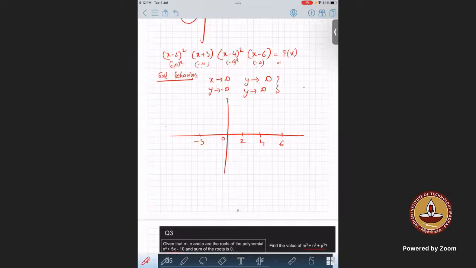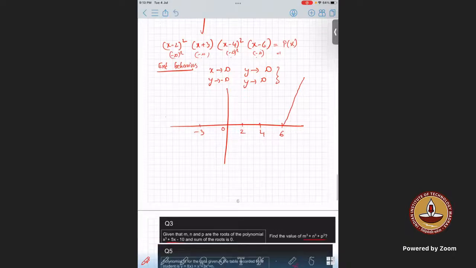It will be at the top and come down like this, and at x equal to 6 there is only one root. Look, I will write the multiplicities: multiplicity of 2 is 2, minus 3 is 1, 4 is 2, and 6 is 1.